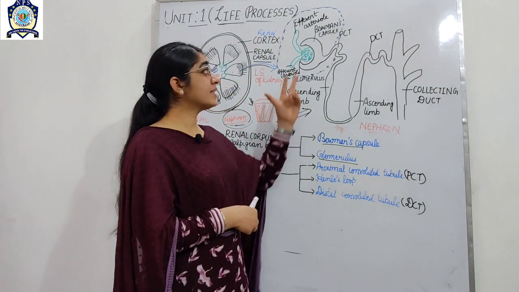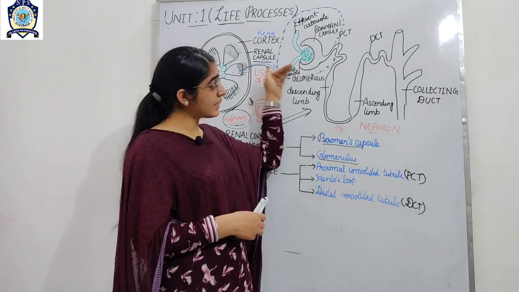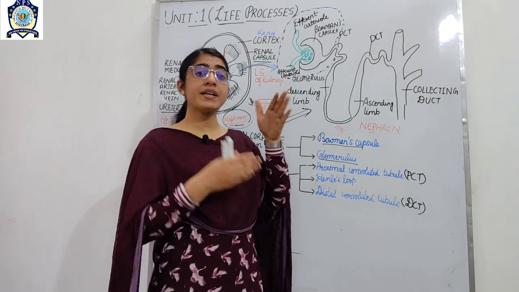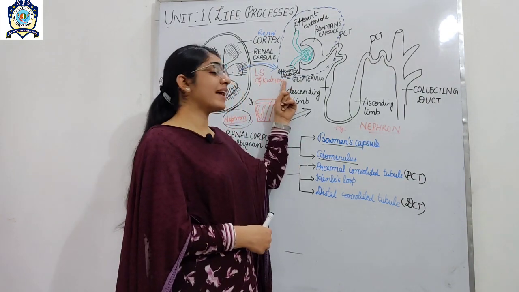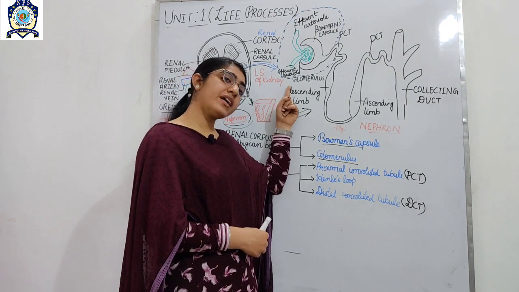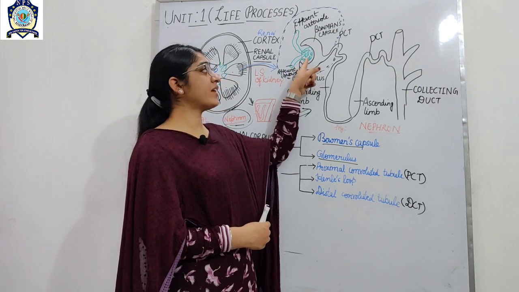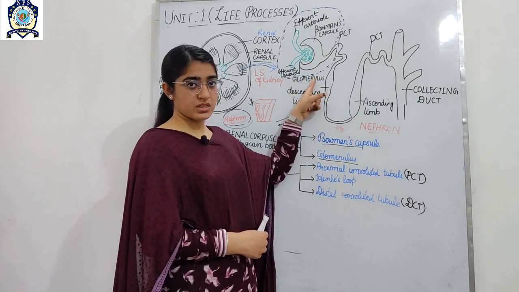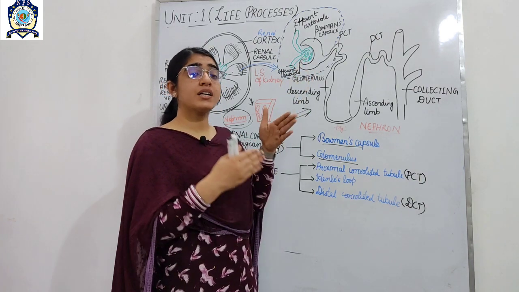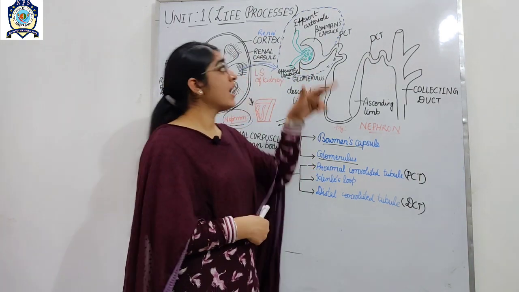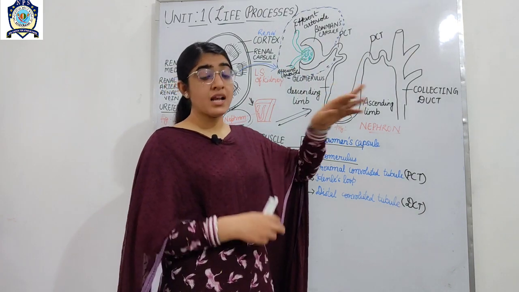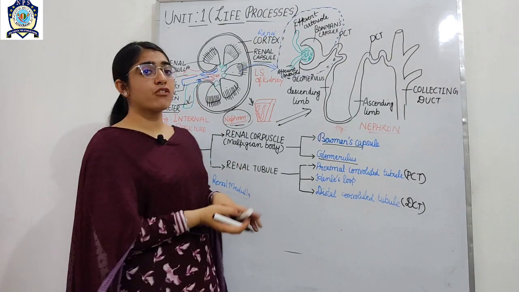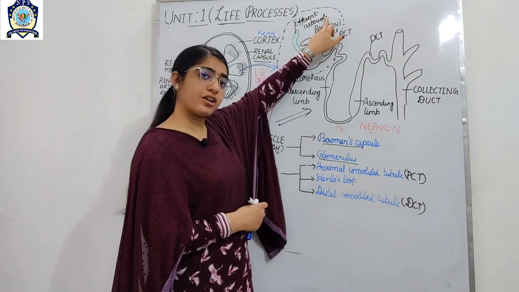The artery that enters the Bowman capsule is called the afferent arteriole, and further it divides into capillaries, and these capillaries are called the glomerulus. These capillaries further reunite and leave the Bowman capsule in the form of the efferent arteriole.